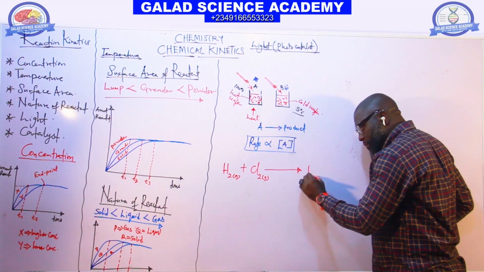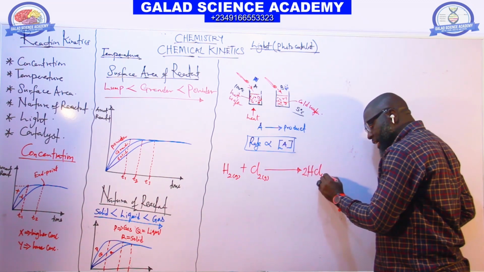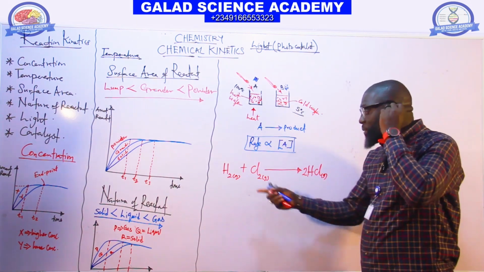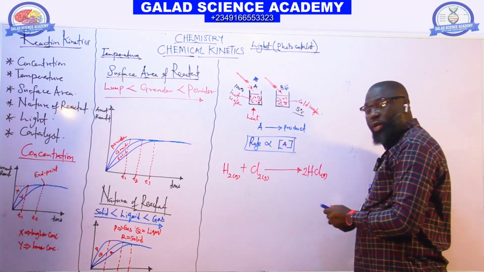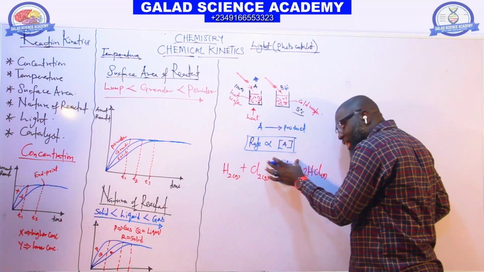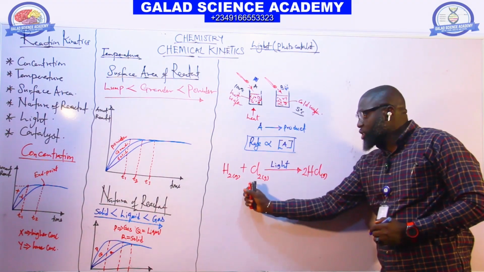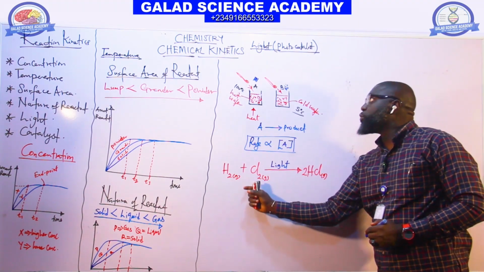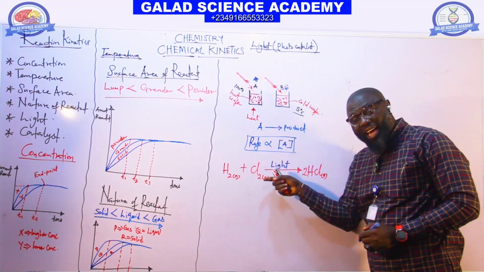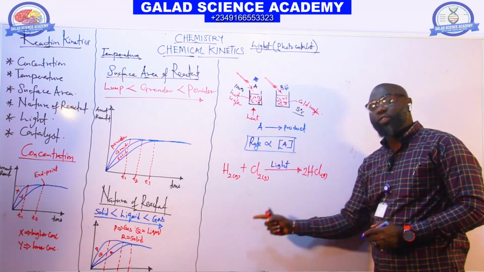But when the reaction is exposed to light, the light will speed up the rate of the reaction. So this reaction is a good example of a photocatalytic reaction, a reaction in which sunlight serves as catalyst, which speeds up the rate of the reaction.